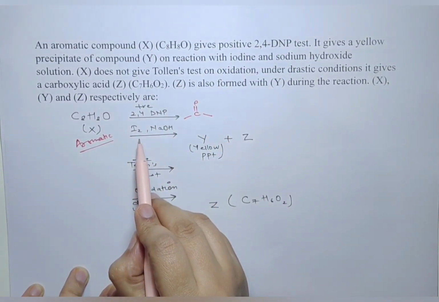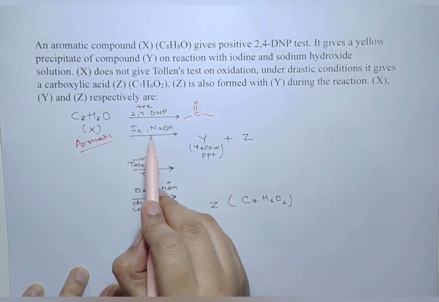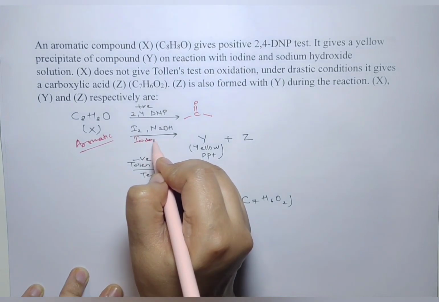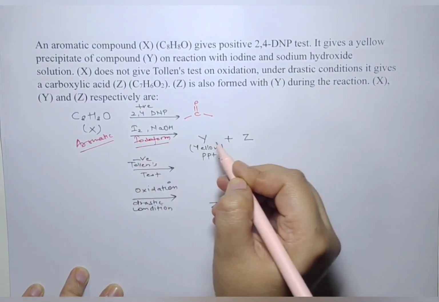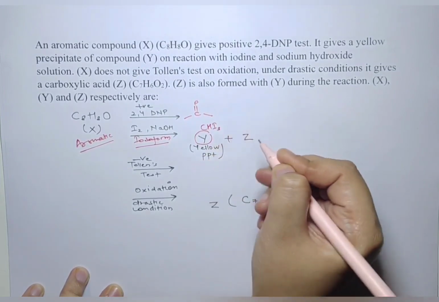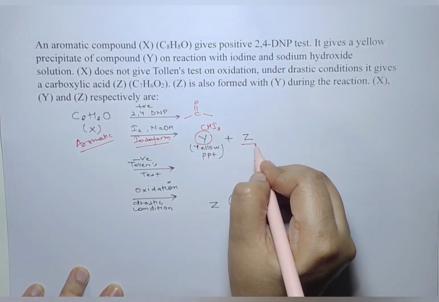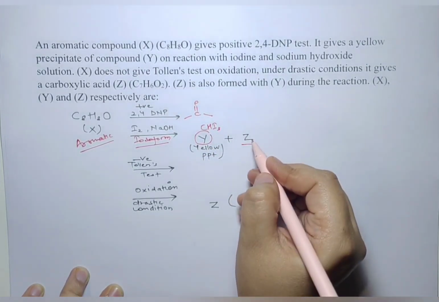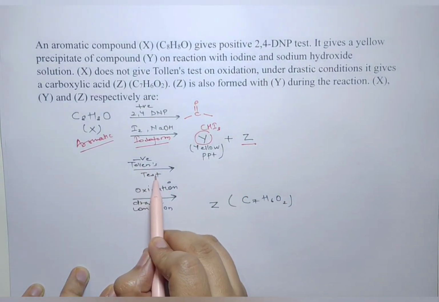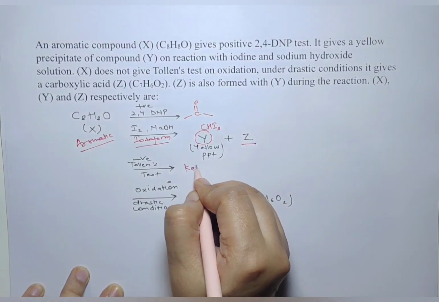It also gives a yellow precipitate with iodine and sodium hydroxide, which is the haloform reaction, the iodoform reaction. So this yellow precipitate would be CHI3 and then Z is formed. We'll figure out what this Z is in a while. It gives a negative Tollens test, that means it's a ketone.